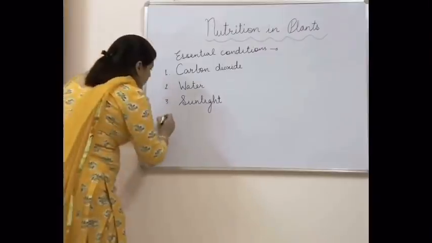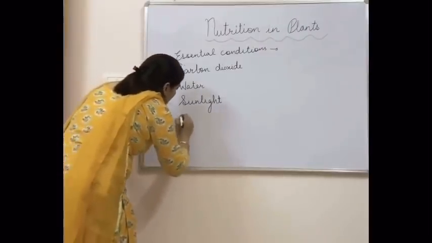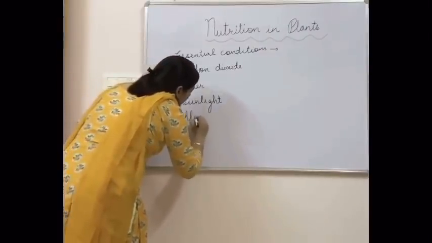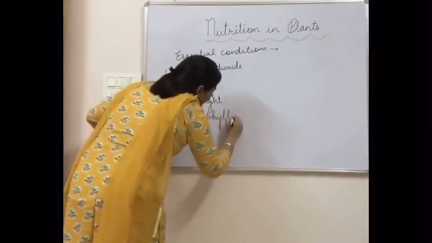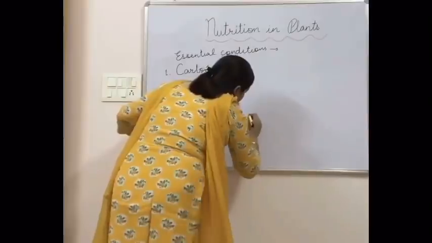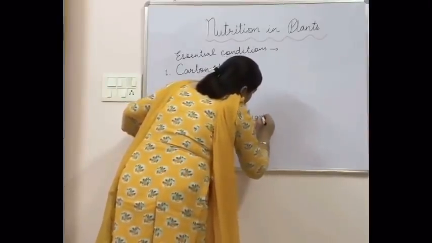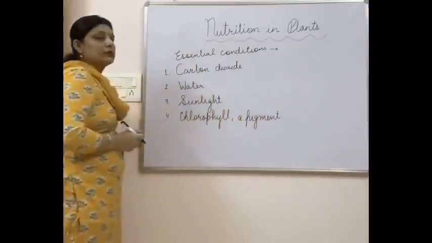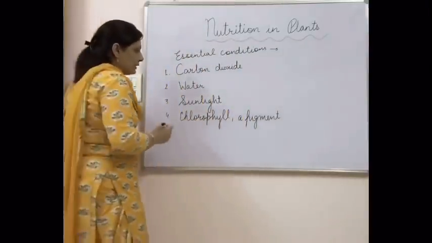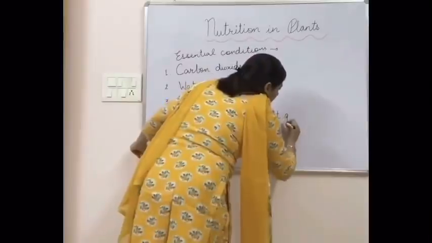After this, we need another very important thing, that is chlorophyll. Chlorophyll is a pigment. A pigment is a substance which gives color. So chlorophyll is a pigment, green in color.